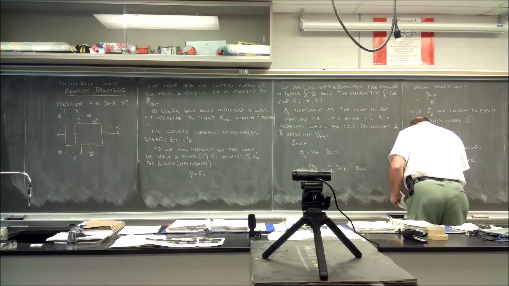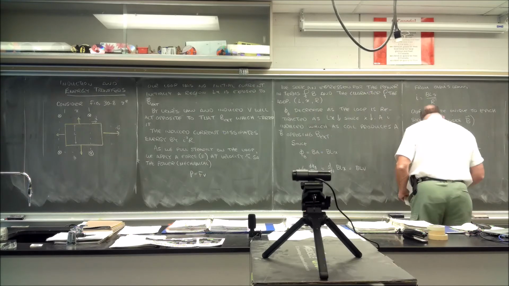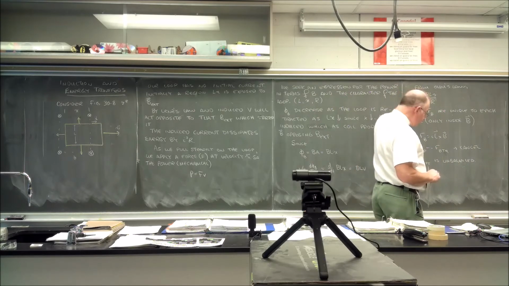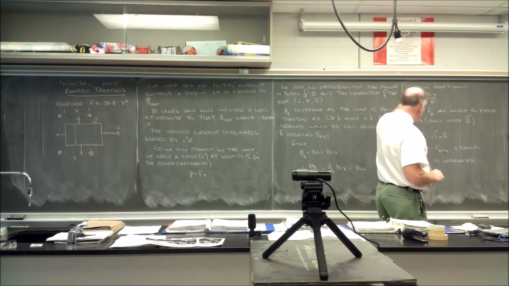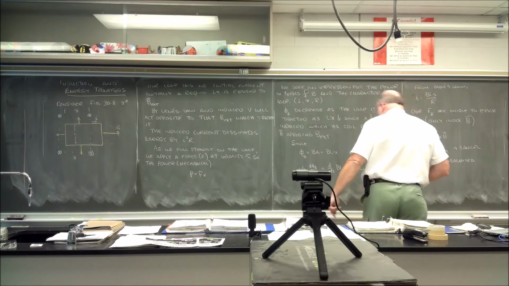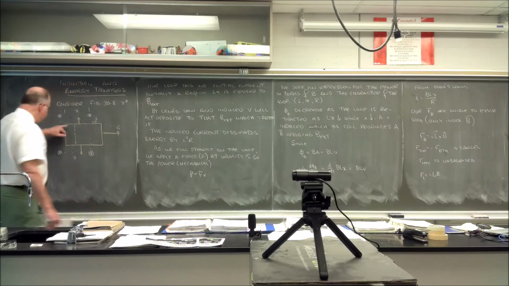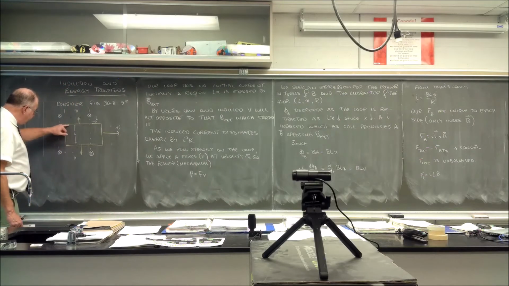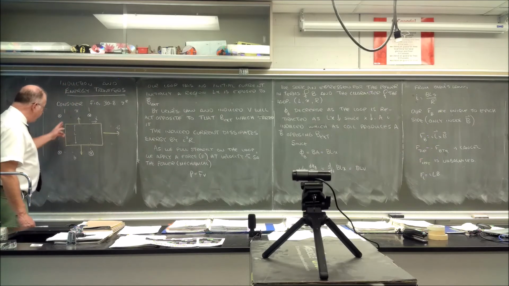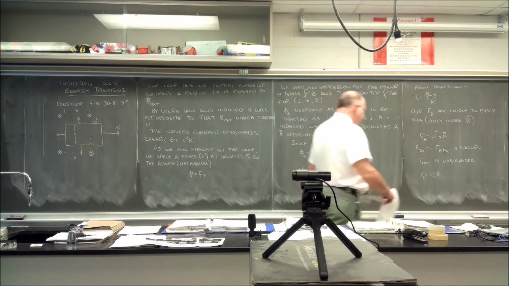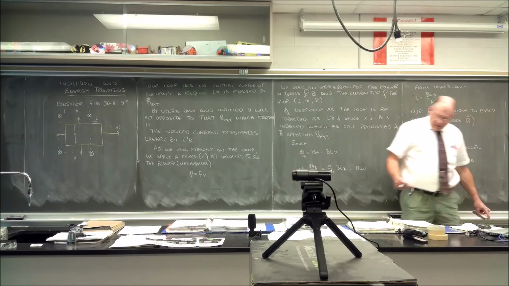So F left then is equal to ILB, and we have up here defined our current, and in this case, L works for both because we judiciously defined the length of the wire here as L. It wasn't true on these sides, but it's true on the end piece. I'm going to leave the diagram up.